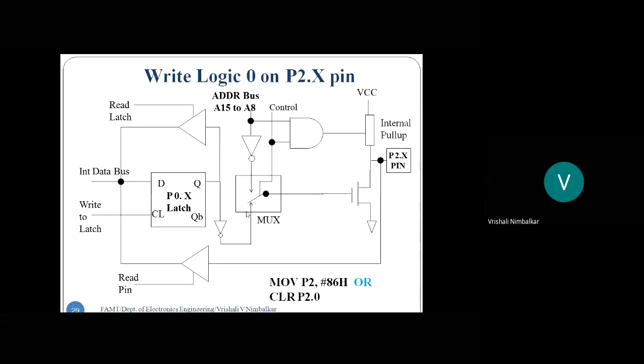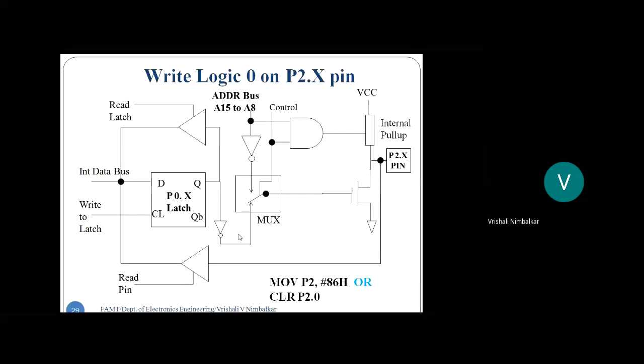Now, the only change in the diagram is, okay, see here, the middle circuitry, the MUX. By default, the switch is connected as an IO port, meaning at the lower side. When it gets connected to the upper side, then it starts functioning as an address bus, whereas by default the switch is at the lower side, where it functions as an IO port. And now the connection is coming from Q with an inverter, which is again similar to connecting to Q bar.